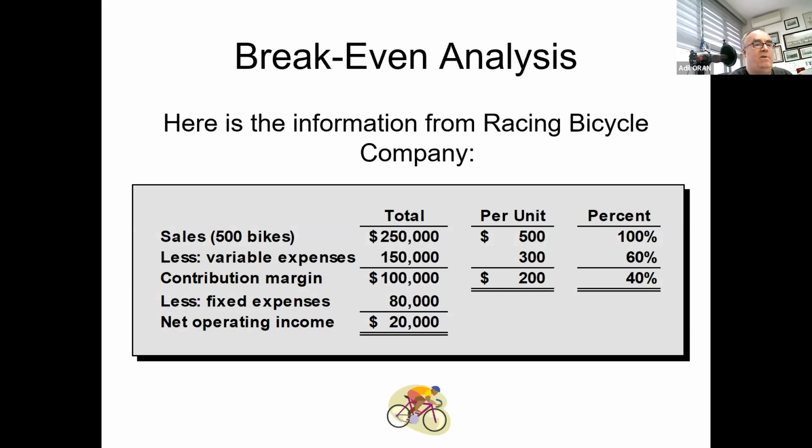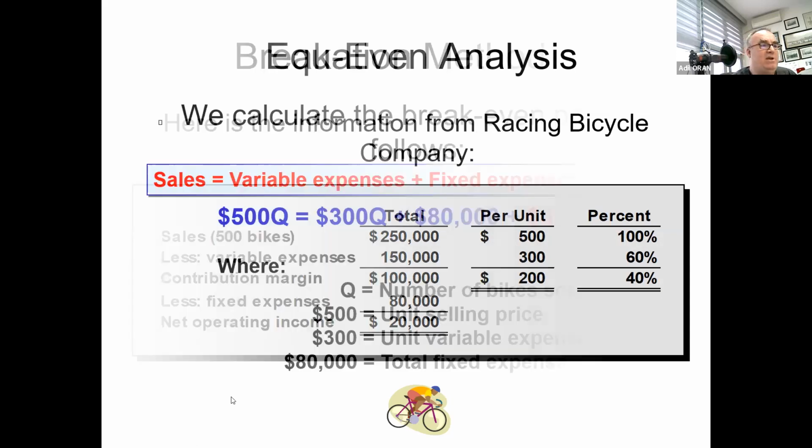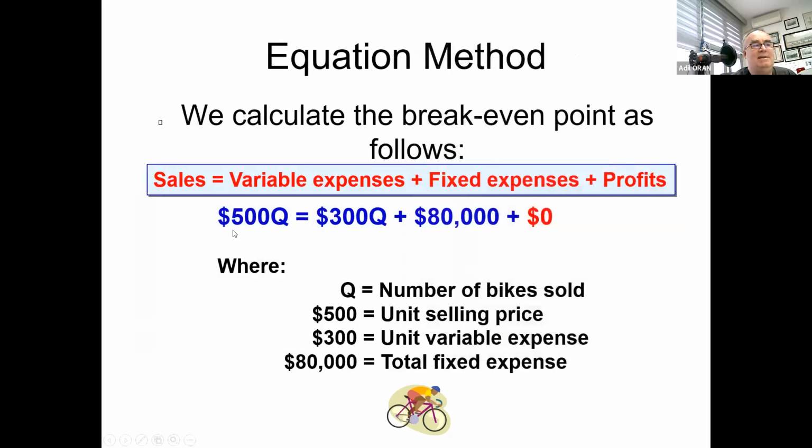So from the bike company example, we had this company selling bicycles for 500 each with a variable cost of 300 each and a contribution margin of 200 each, or in percentages. So converting this into an equation will make it look like this. Sales are equal to price times quantity, so 500 times quantity. Your variable cost will be 300 times quantity. Your fixed expenses will be 80,000.